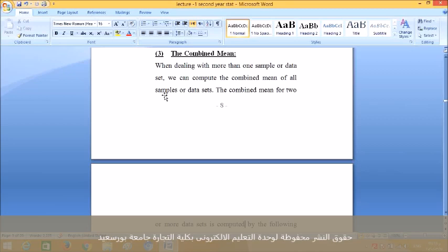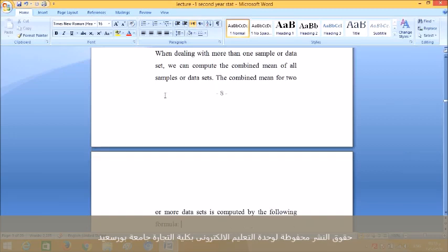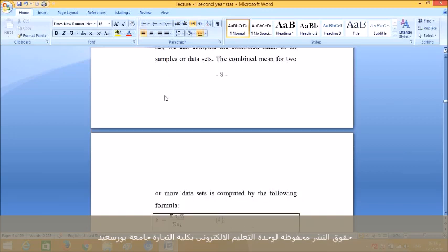So the combined mean for two or more data sets is computed by the following formula. X bar, here X bar is the mean of all samples, not for one sample, like the mean.